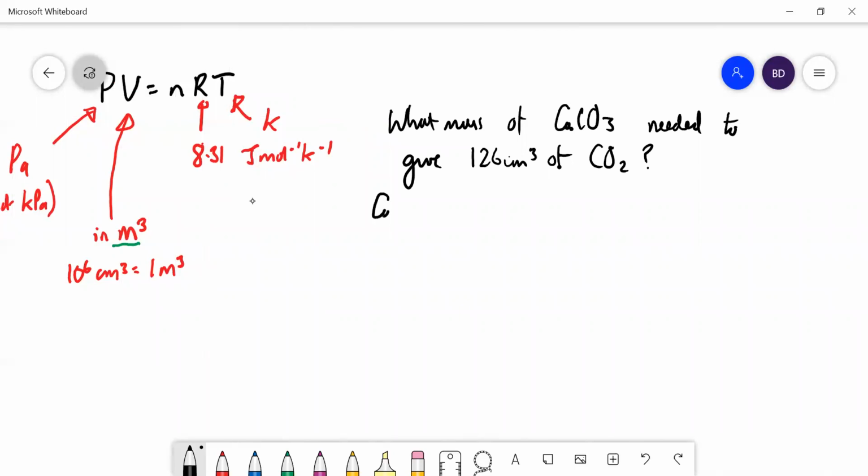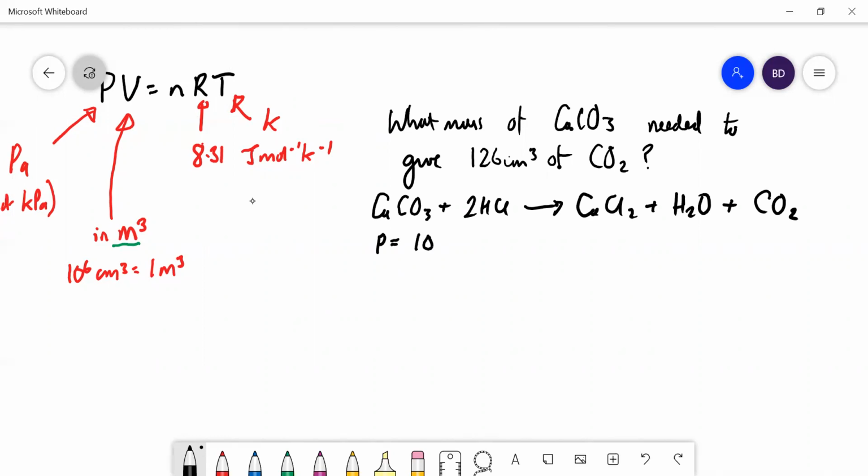So you've got CaCO3 plus 2HCl goes to calcium chloride, H2O, and CO2. And we know that the pressure, they tell us, is 101.3 kilopascals.